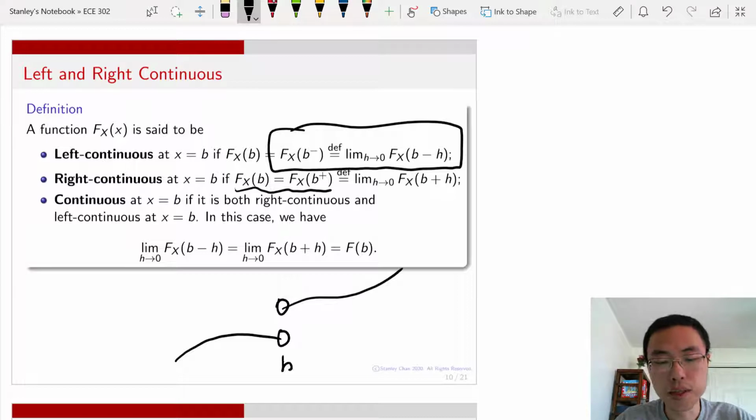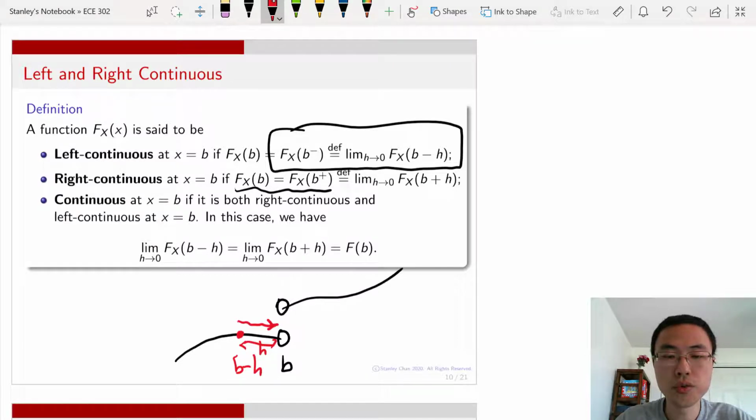Now, of course, this is b, and then b minus h is a point that is slightly on the left of this b. So this is b, and so b minus h is here. Okay, so this is b minus h. And then now you set this h going to 0. This gap is your h. And now if you make the gap smaller and smaller, this point is going towards this point.